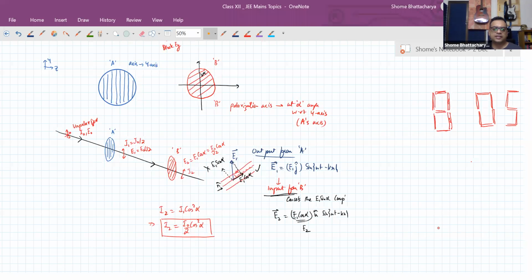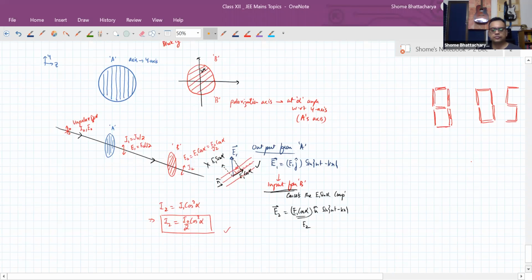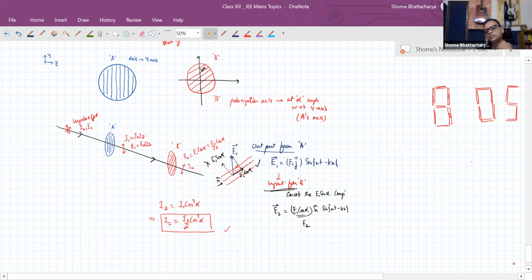This kind of thing also becomes an important formula. Basically, if you rotate the polarization axis through alpha, a factor of cos square alpha comes into the intensity: I2 is equal to I1 cos square alpha.